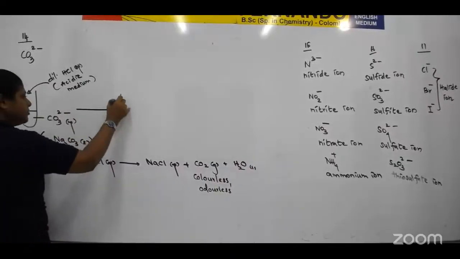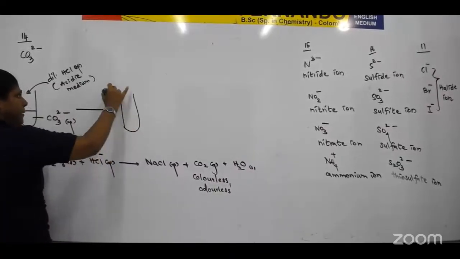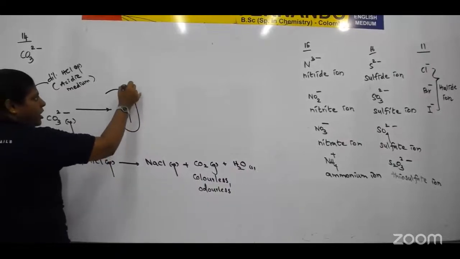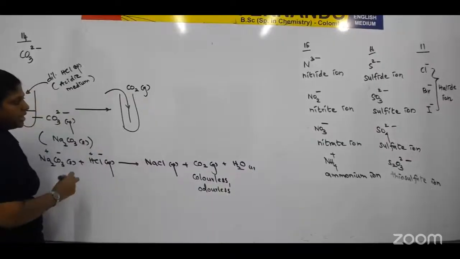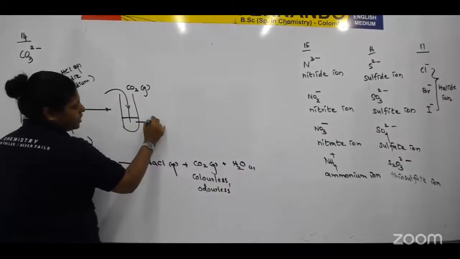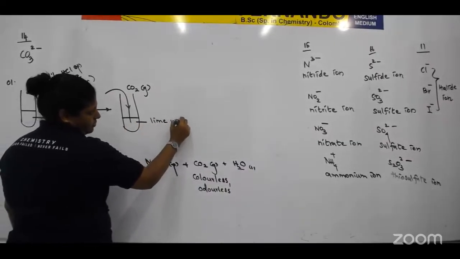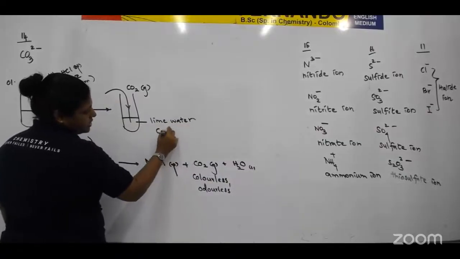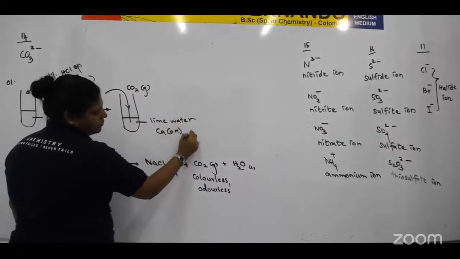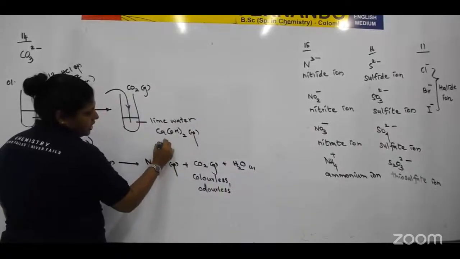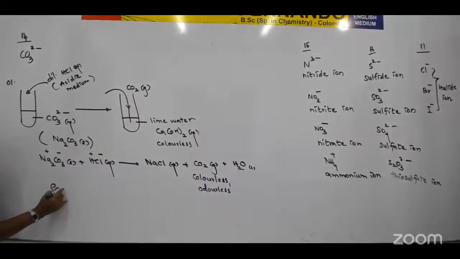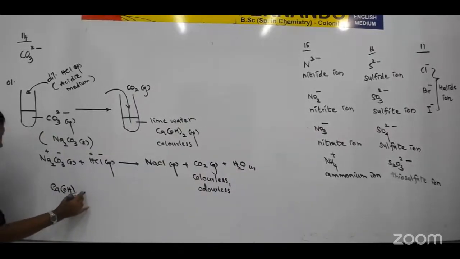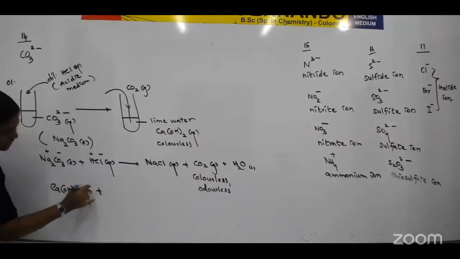Then we pass the evolved gas, which is odorless, colorless carbon dioxide, into lime water. Lime water is calcium hydroxide, which is colorless. What happens?